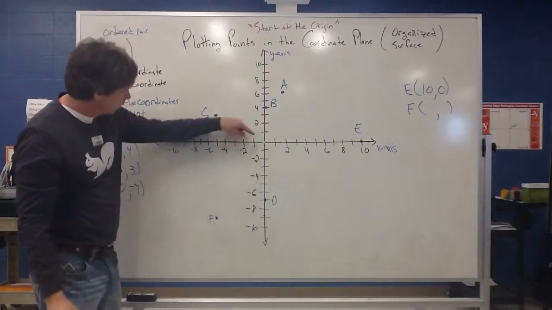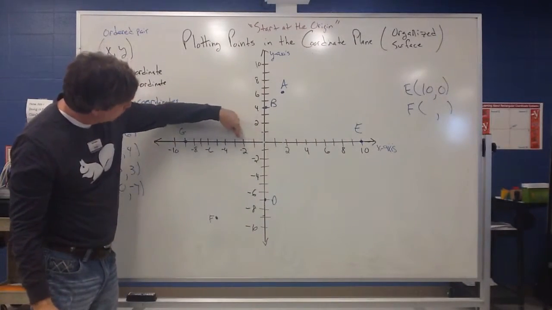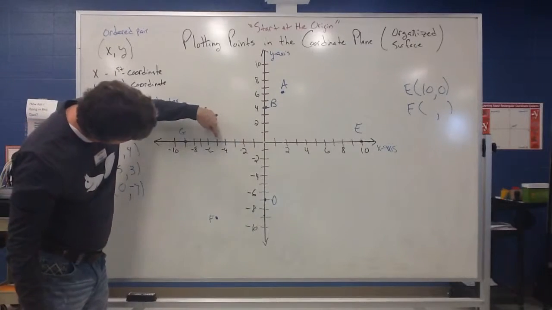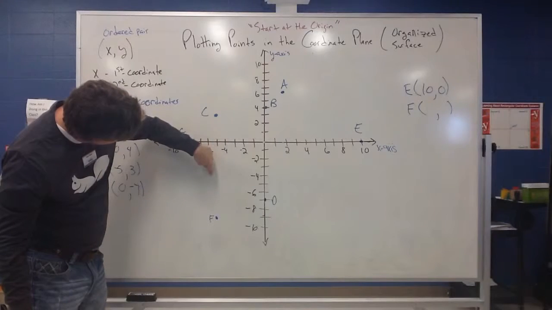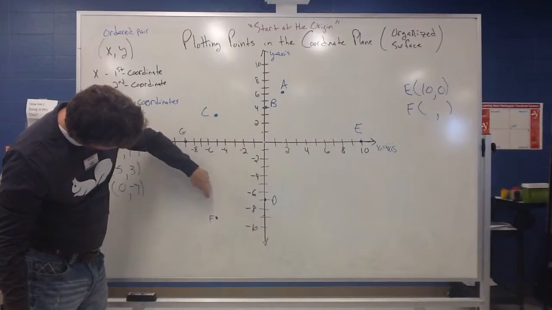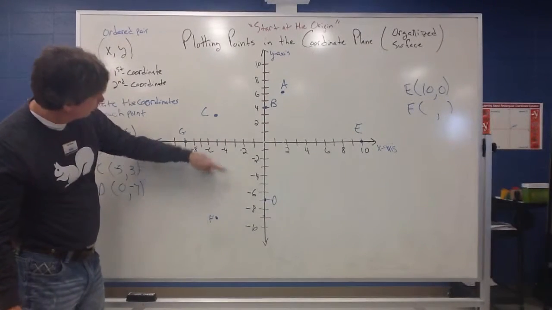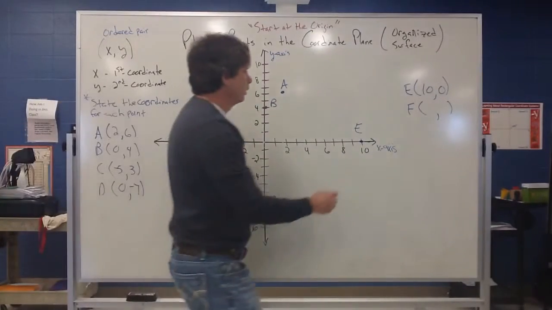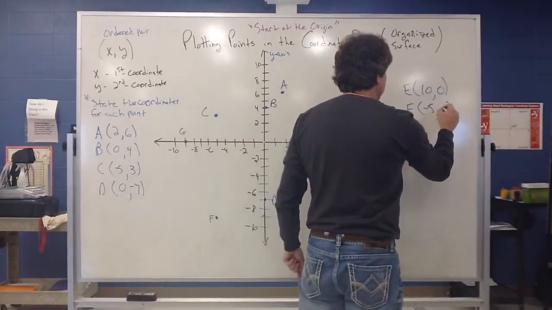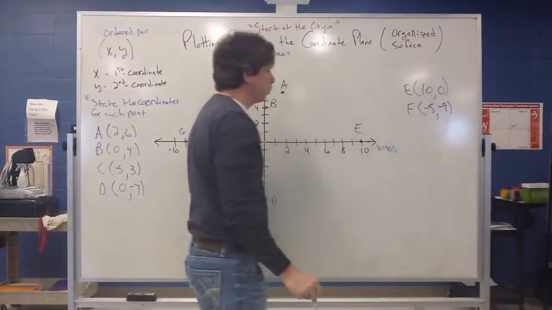Point F, again, starting at the origin, I have to go 1, 2, 3, 4, looks like 5 to the left, and then 1, 2, 3, 4, 5, 6, 7, 8, 9 down. So it looks like a negative 5, negative 9. So negative 5, negative 9 would be the coordinates of point F.